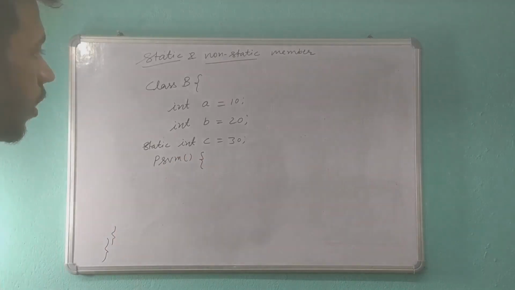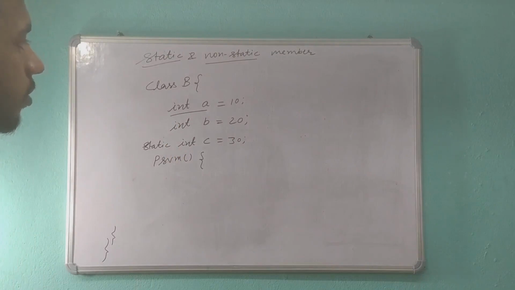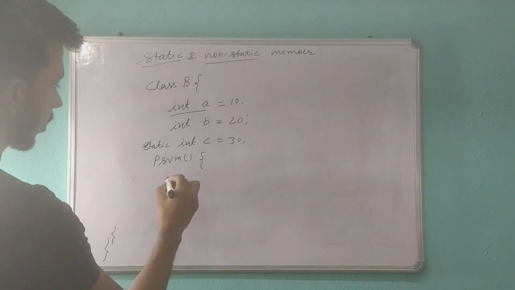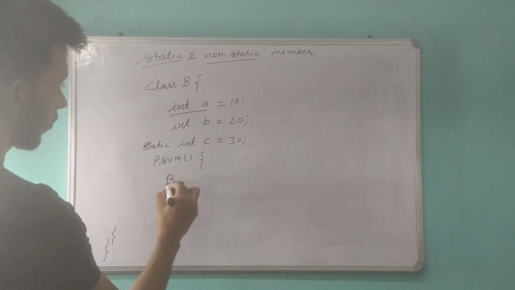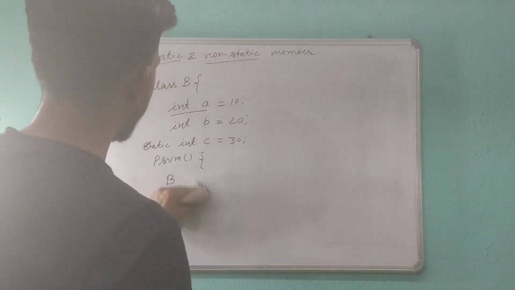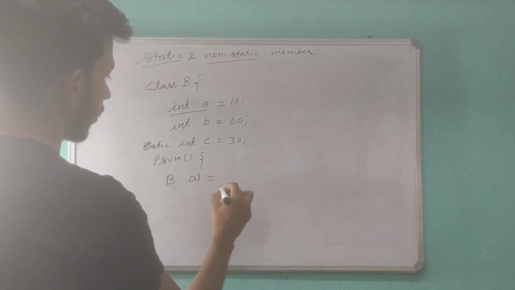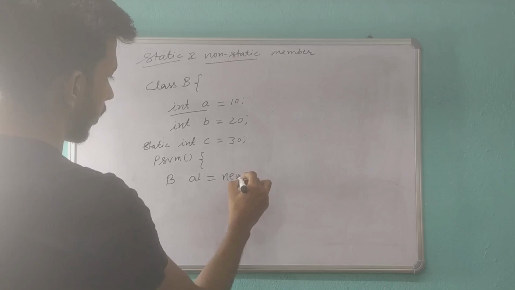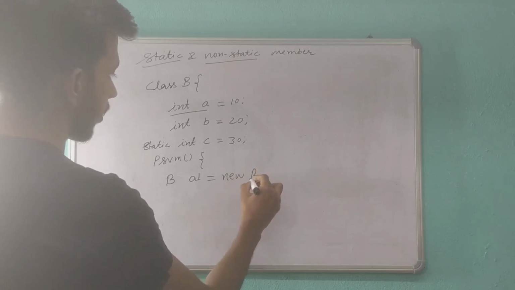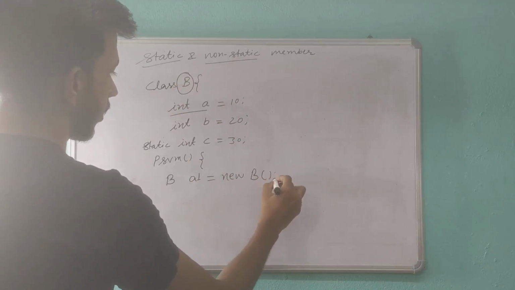Inside main, how to access the non-static members? To access non-static members, firstly we have to create an object. How to create an object? Class name, reference variable, you can write anything, a1, b1, xyz, anything, equals new keyword followed by class name, and then parenthesis, then semicolon.